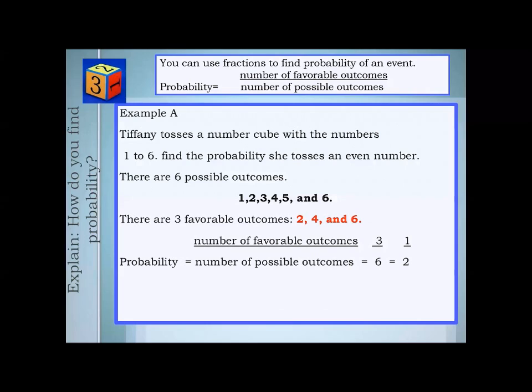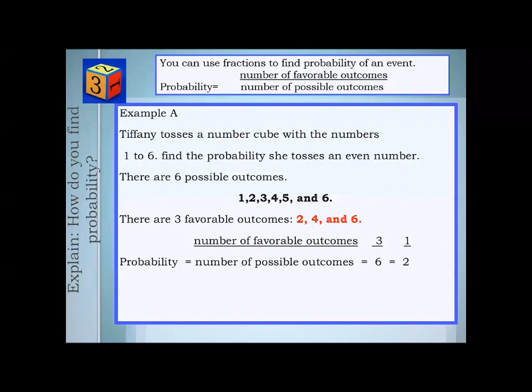So now, let's use the definition of probability and the worded fraction to explain it. Probability equals number of favorable outcomes over number of possible outcomes. The favorable outcomes are 2, 4, and 6. That's 3 numbers.